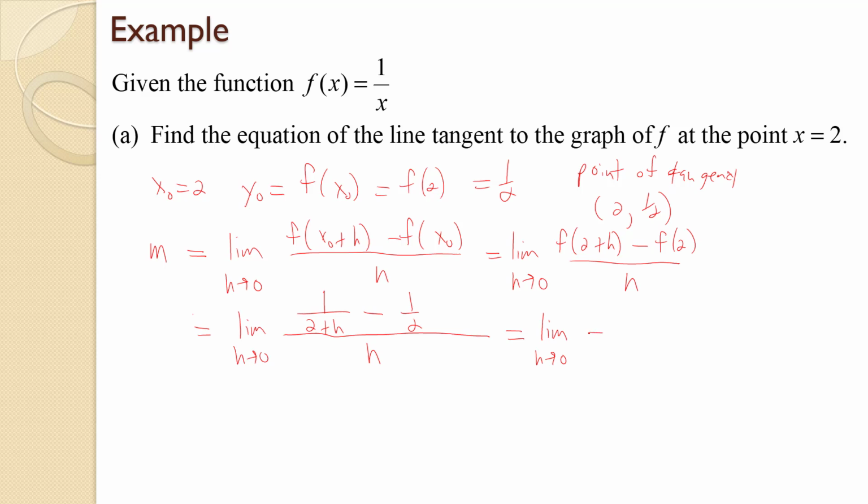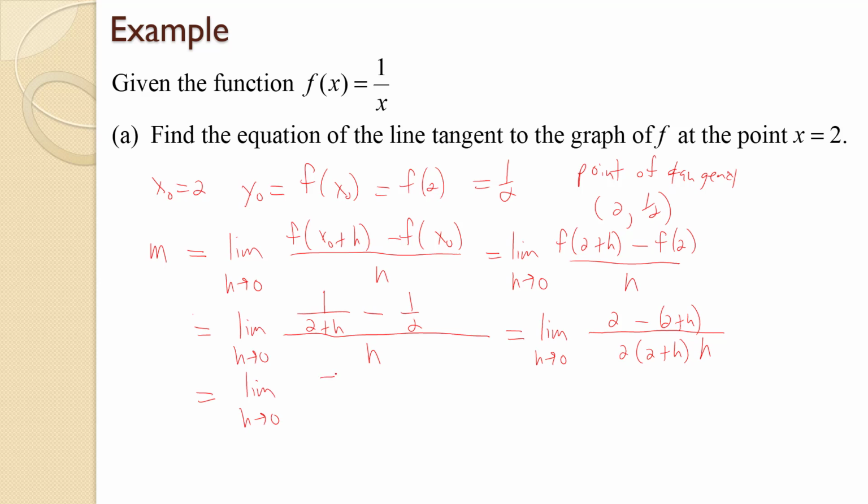That then equals the limit as h approaches 0. If we add the fractions, you would get 2 minus a 2 plus h in the numerator and 2 times 2 plus h in the denominator. And I'm dividing this entire thing by h. So I'll do that division right here by putting an h there. That then would be the limit as h approaches 0 of, in the numerator, you'd have a 2 minus a 2, that would be, well, nothing. And then you'd have minus h.